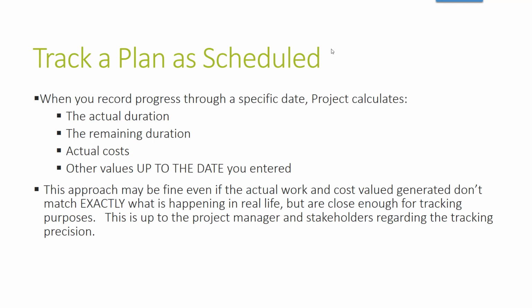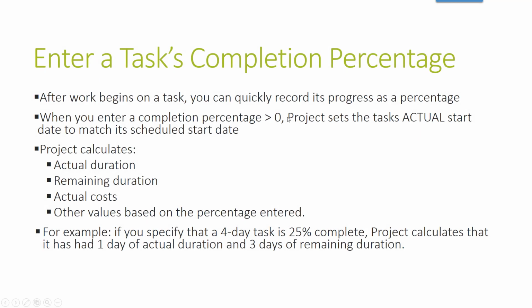So if everything that was supposed to be done that first week is done, you can mark them all done. Project will update, and it may not be exactly what's going to happen moving forward, but it's close enough. Once again, that's up to the project manager, or how the project has been set to be updated.